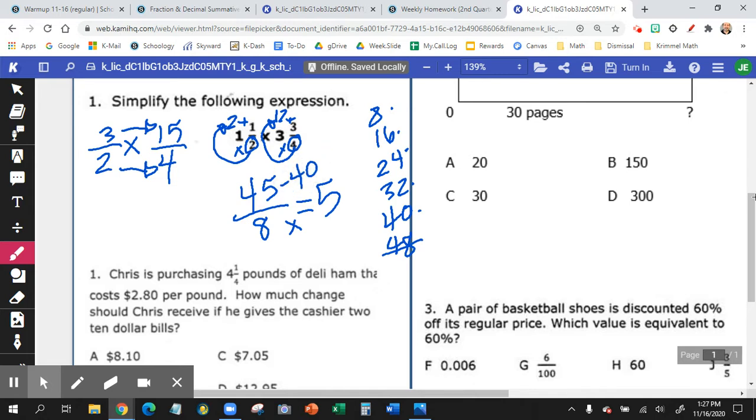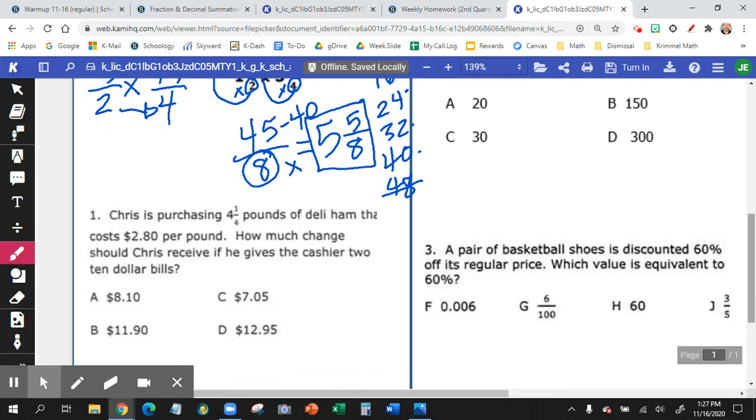Then we subtract to see what's left over, and 45 minus 40 is going to be 5, and that still goes over 8. So after we regroup and multiply, then we simplify by dividing to see how many of the denominator will divide into the numerator.